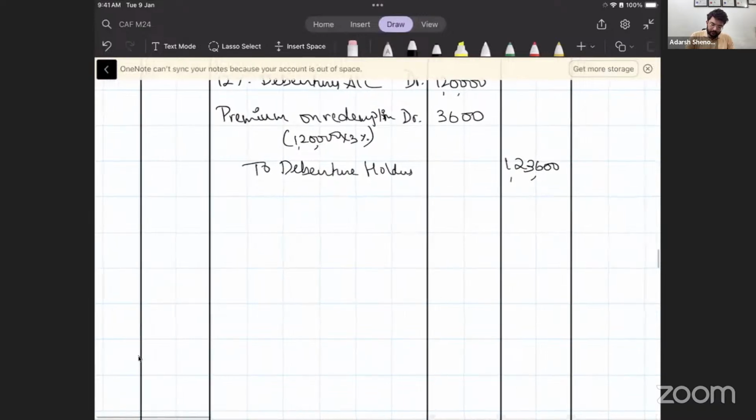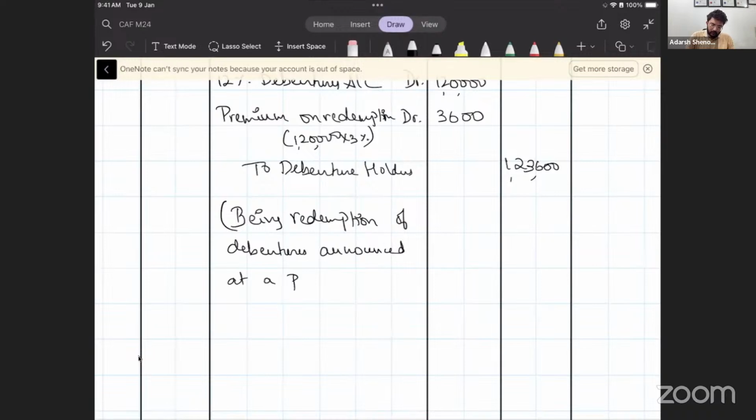Total 1,23,600. Being redemption of debentures announced at a premium of 3%.